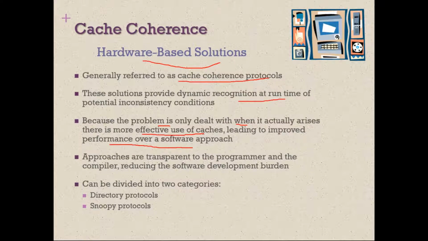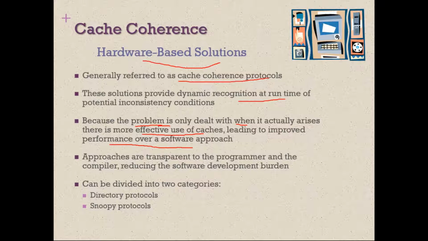If the prediction becomes wrong, then we don't know how the software based approach is going to behave. So in fact the hardware based approach works better in effectively dealing with the cache coherence problem.